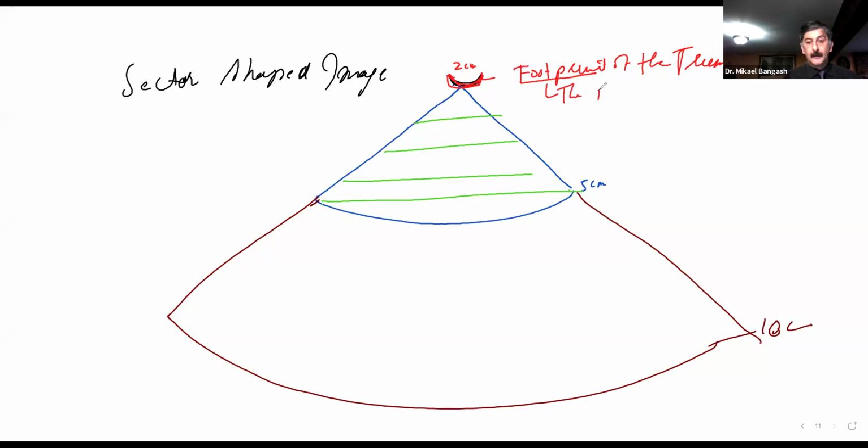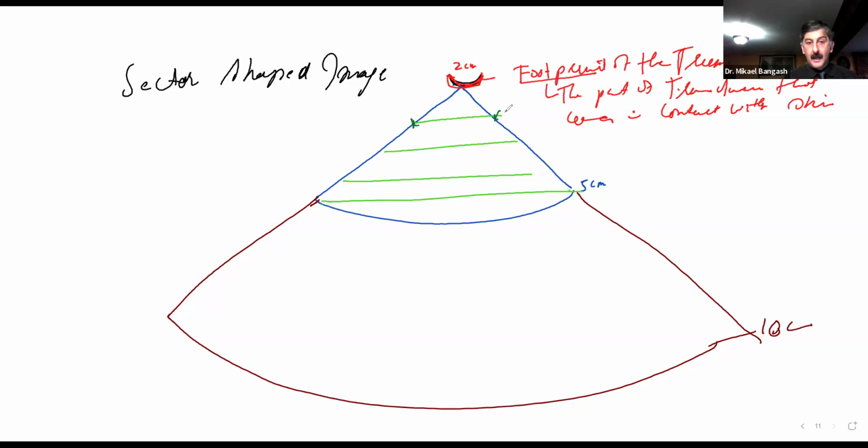The part of the transducer that comes in contact with the skin, which only was 2 centimeters.